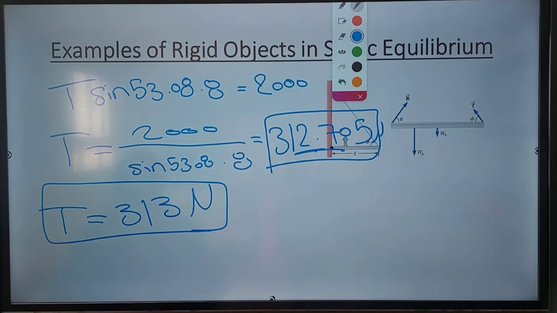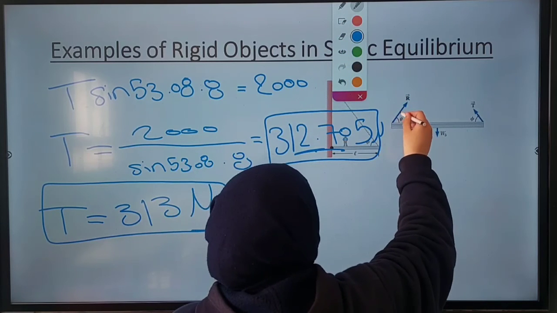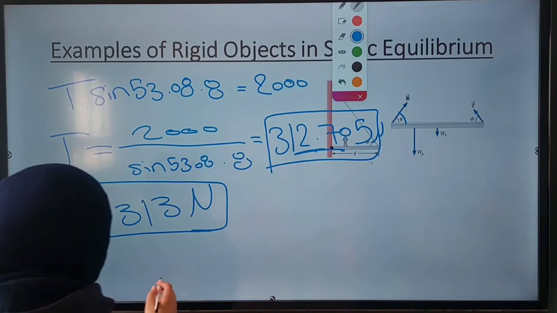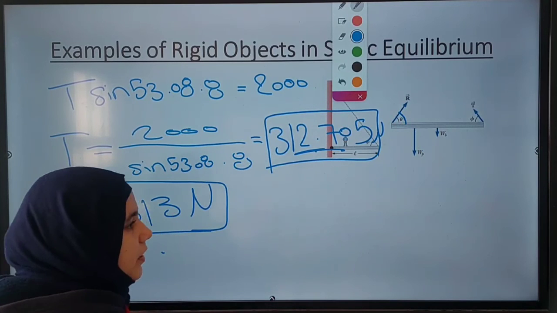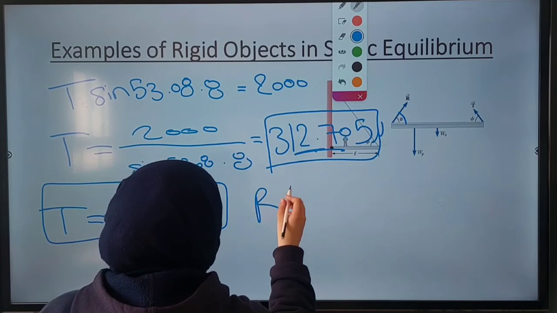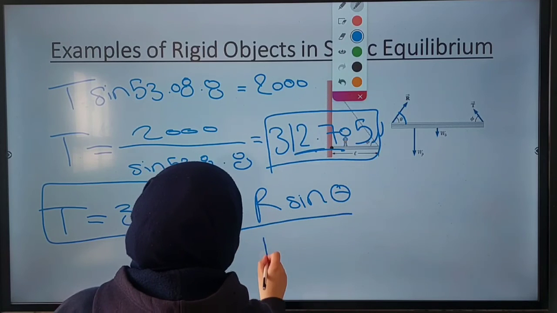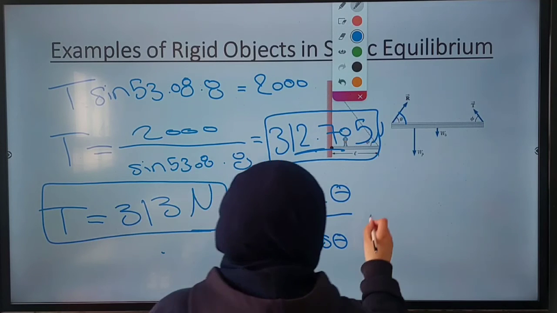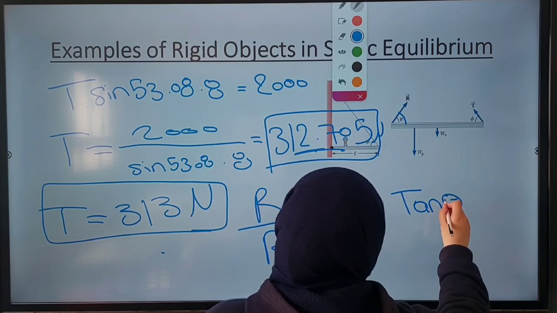Okay, the second requirement is to determine the direction of the force. Like here is the theta. We want to determine the theta. So the second requirement is the theta. So we're going to apply the law that R sine theta over R cosine theta equals tan theta.